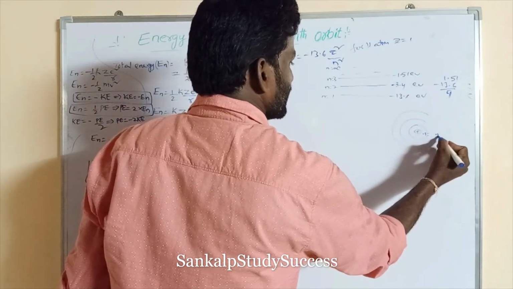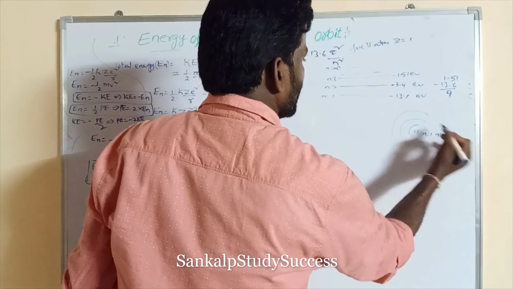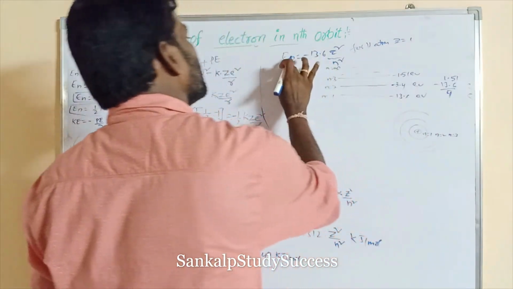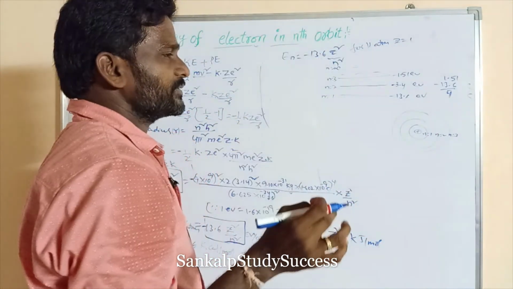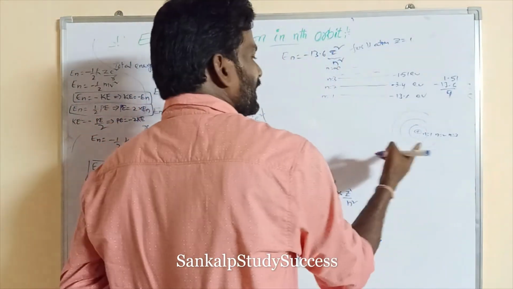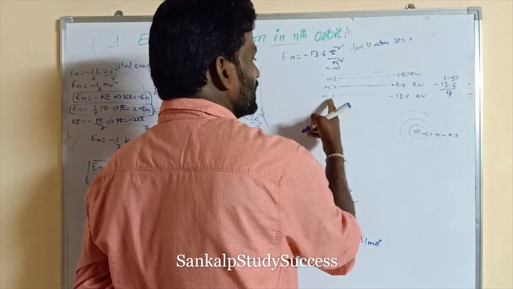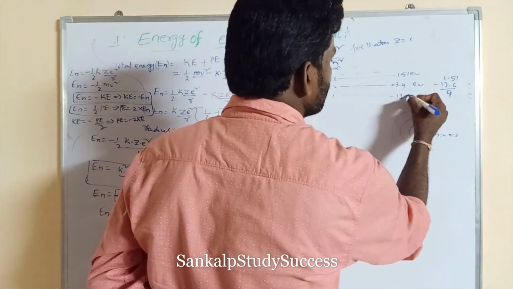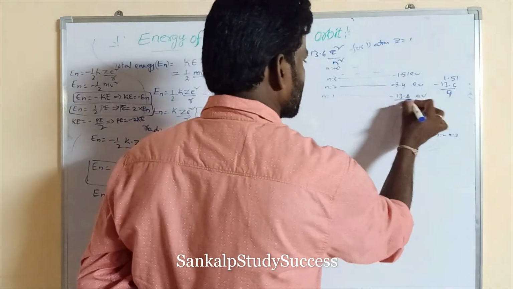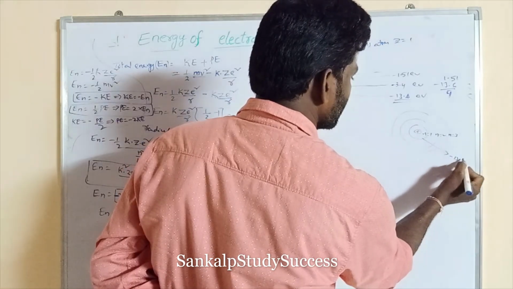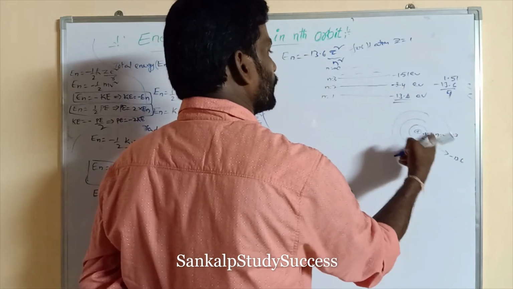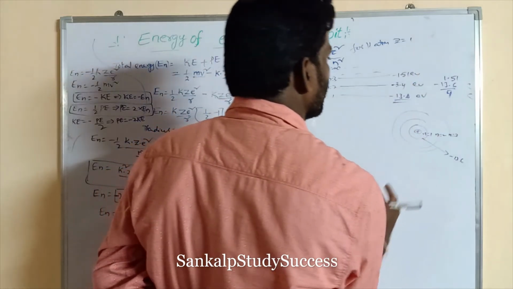If the n value increases, the energy of the electron in the nth orbit also increases. That means the energy of the orbit increases. Why? For n is equal to 1, the first orbit, its value is minus 13.6. For n is equal to 2, its value is minus 3.4. If n is equal to 3, minus 1.51.